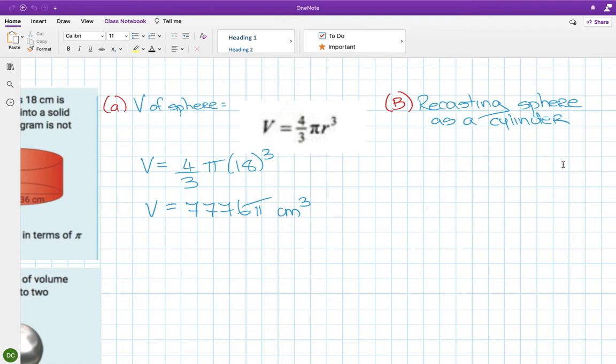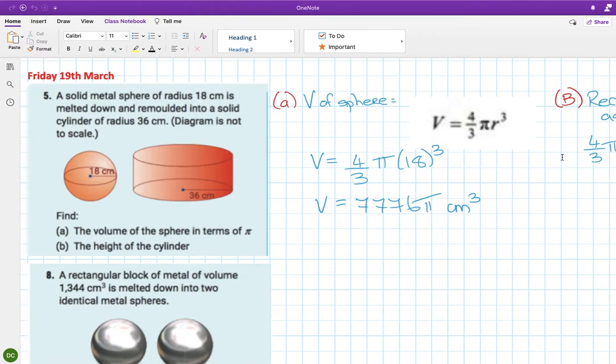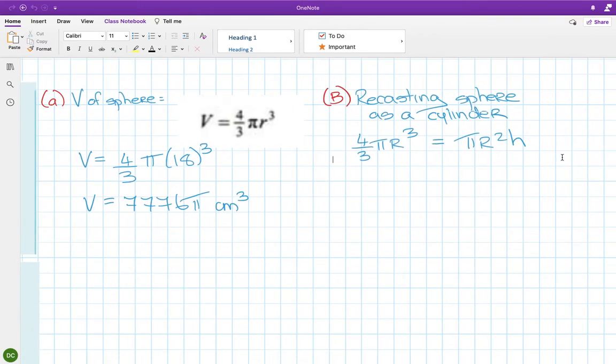as a cylinder. Okay, so the volume of the sphere, which is 4 over 3 pi r cubed, is equal to the volume of the cylinder, which is pi r squared h. So whatever it's made of, no metal is lost.